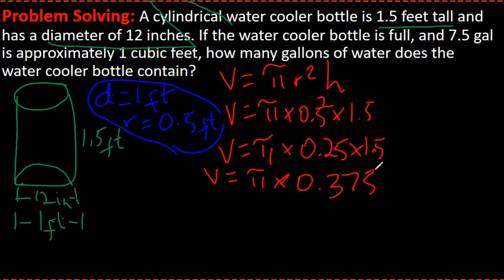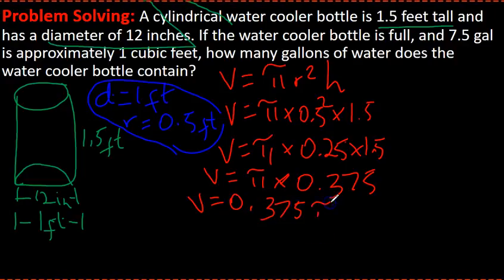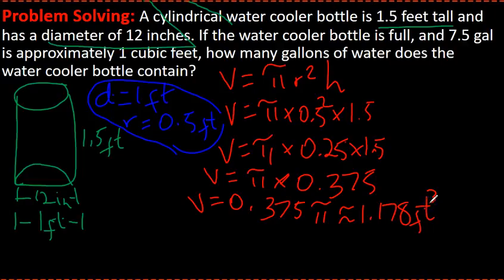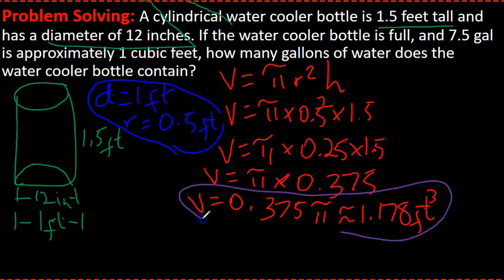Okay, so if we approximate it, the volume should be 0.375 pi, which is approximately 1.178 cubic feet. So that's how much water this can hold in cubic feet.